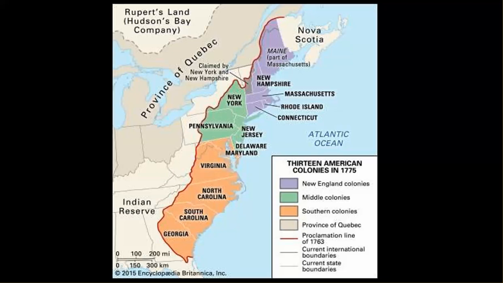Now that Britain controls Canada and its thousands of French Catholics, British colonists in the original 13 colonies are not sure what to do. There are questions about how well British liberty will cope with the differences between its subjects.